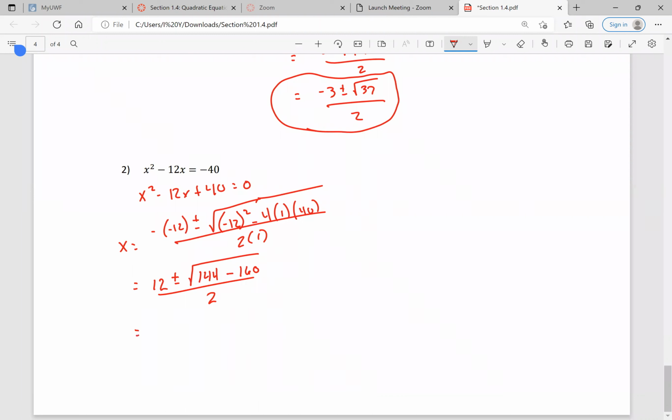So we have 12 plus or minus the square root of negative 16 over 2. 12 plus or minus 4i over 2, or 6 plus or minus 2i. Okay, so that's 4 ways to solve quadratic equations.